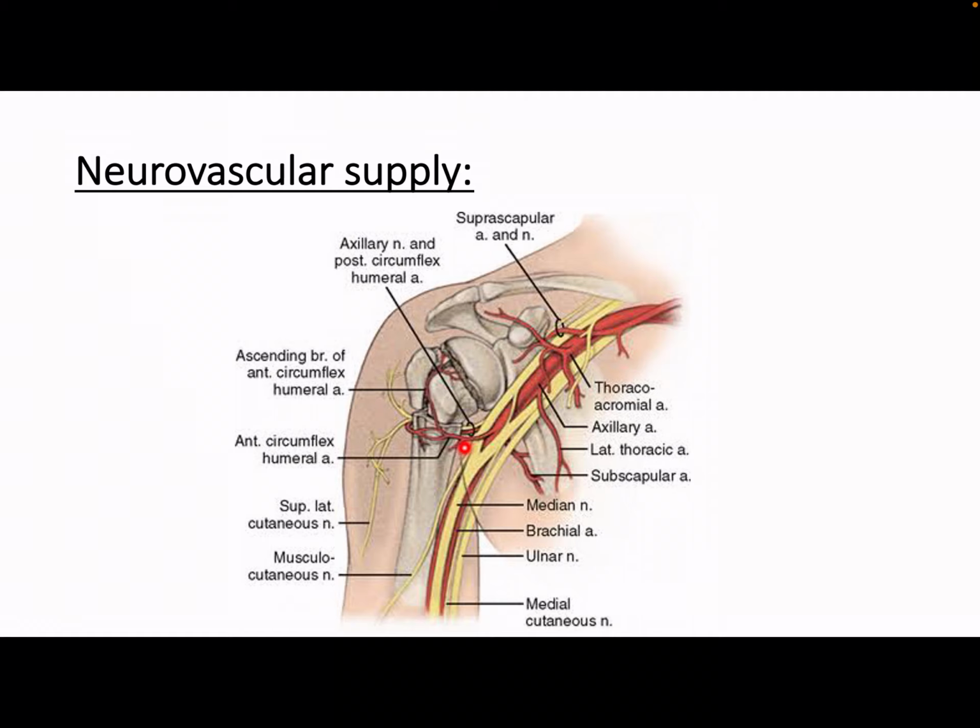This is really important, so do remember it. And then there is this nerve, the axillary nerve. Whenever there is a fracture over here, the axillary nerve and the axillary artery can get damaged. So do remember all these structures.